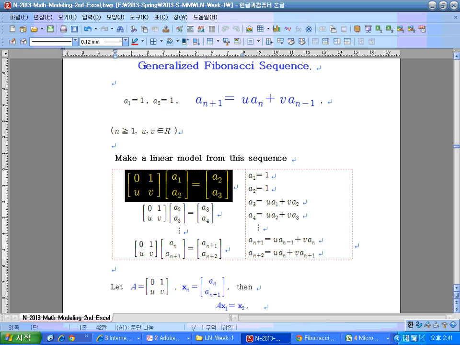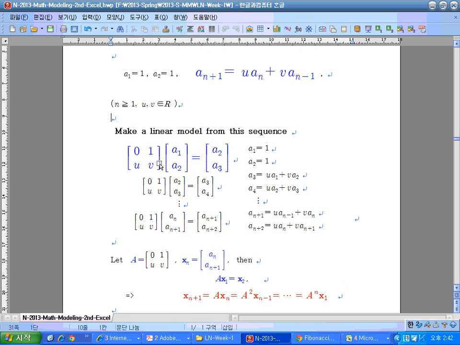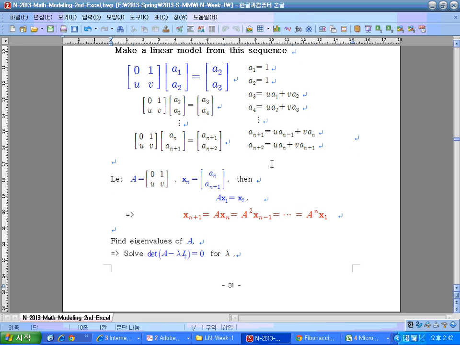As you see, a3 can be obtained as u a1 plus v a2, a4 can be obtained as u a2 plus v a3, like this. Similarly, if we let x_n be the 2 by 1 vector of a_n and a_(n+1), then we can easily make a relationship A x1 equals x2, like this.